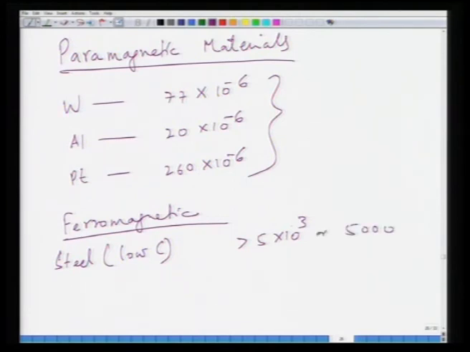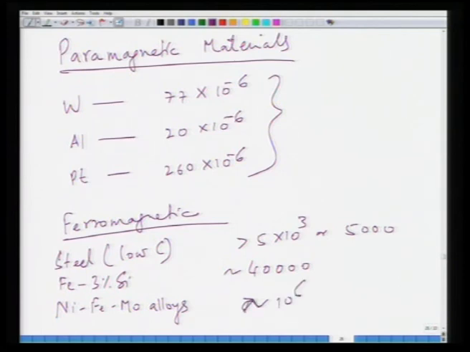And then of course you have iron silicon, iron 3% silicon, again around 40,000, and then you have what are called nickel iron moly alloys, and they have values of the order of 10 to the power 6. So, very large magnetic response to the applied magnetic field. So, this is the classification of materials.